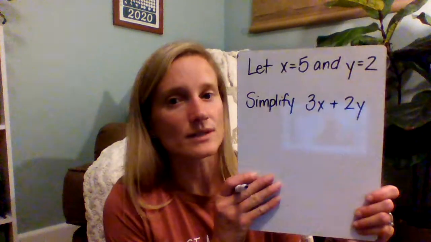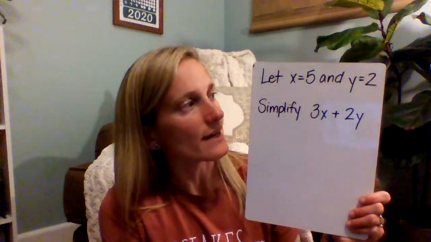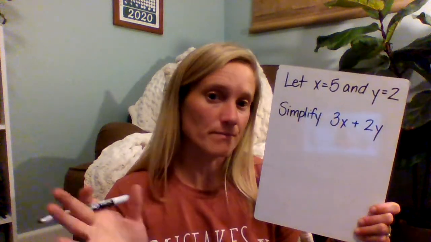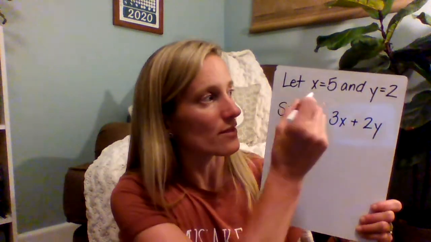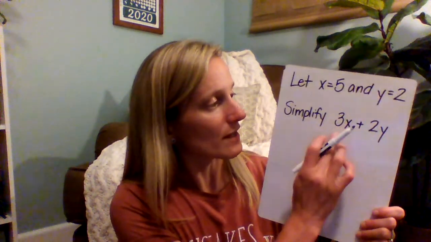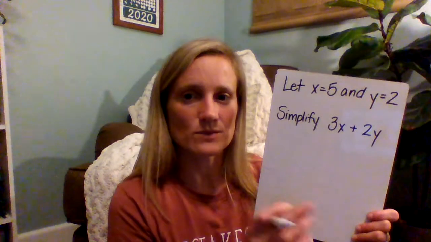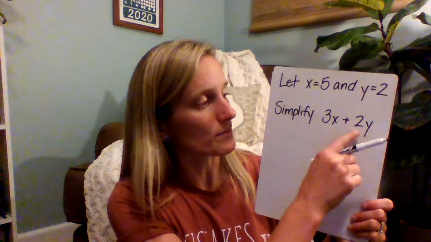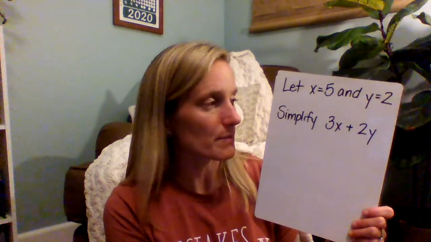One last example. In this one, I'm being told that x is 5 and that y is 2. So I'm not picking numbers at random from just anywhere. I'm using those numbers for those variables. So here I have 3x plus 2y. That means whatever my x value is, I'm going to multiply it by 3. Whatever my y value is, I'm going to multiply it by 2.